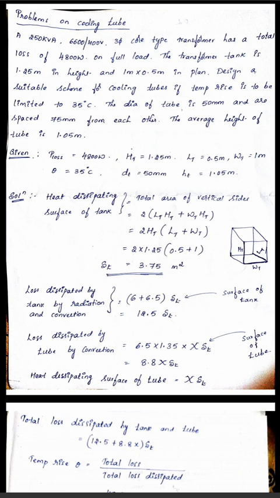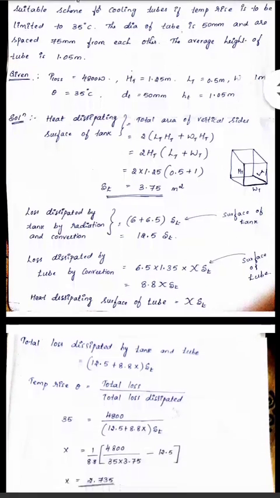The first step is to find the heat dissipating surface of the tank, represented as ST. The formula is ST = 2 HT (LT + WT).